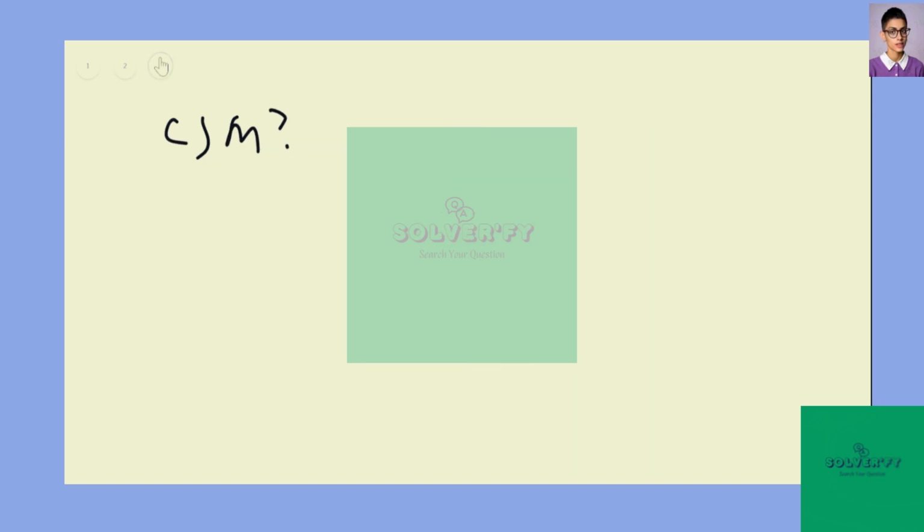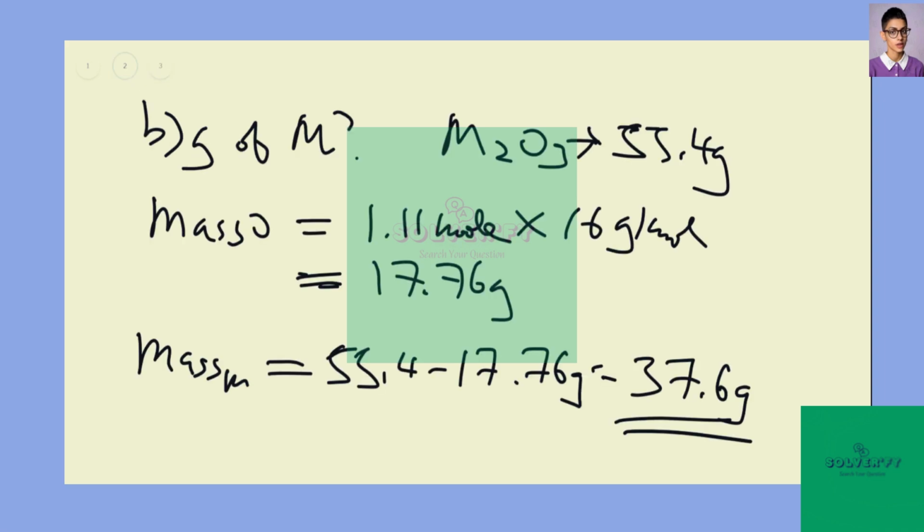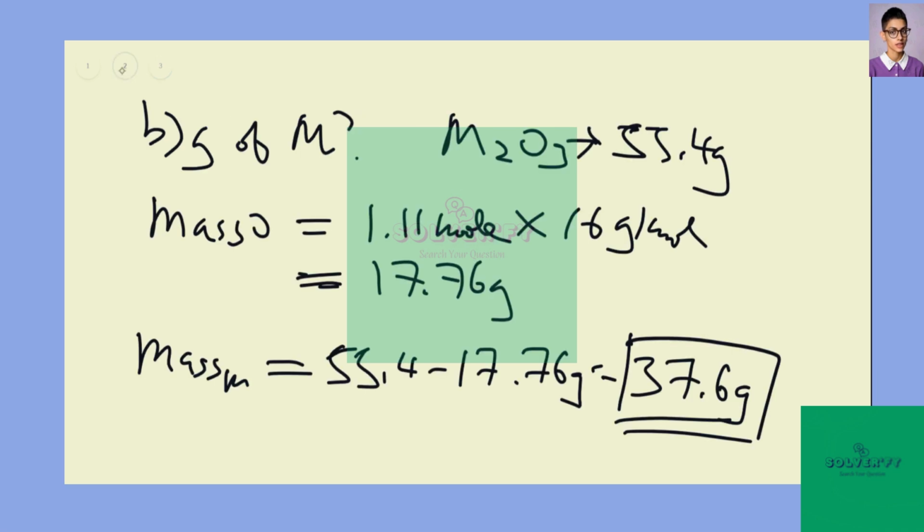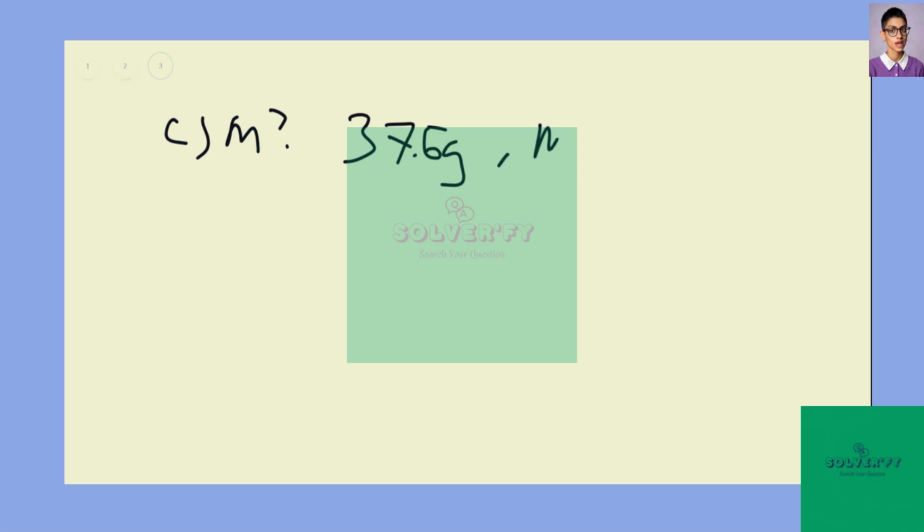So what would be the identity of our metal? We have 37.6 gram of a metal, the formula is M2O3, and we know it's 0.370 mole of this compound.